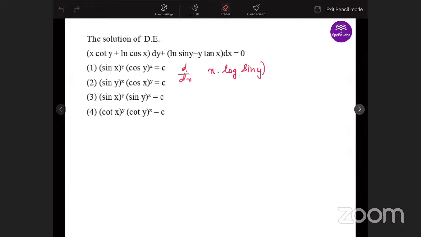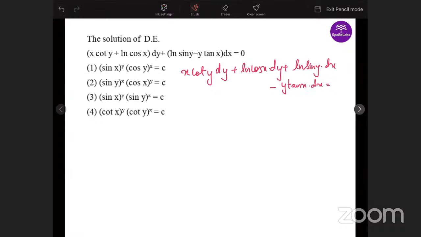Fine. So basically what I want to do here is, x into cot y into dy plus ln cos x into dy plus ln sin y into dx minus y tan x into dx equals to 0.